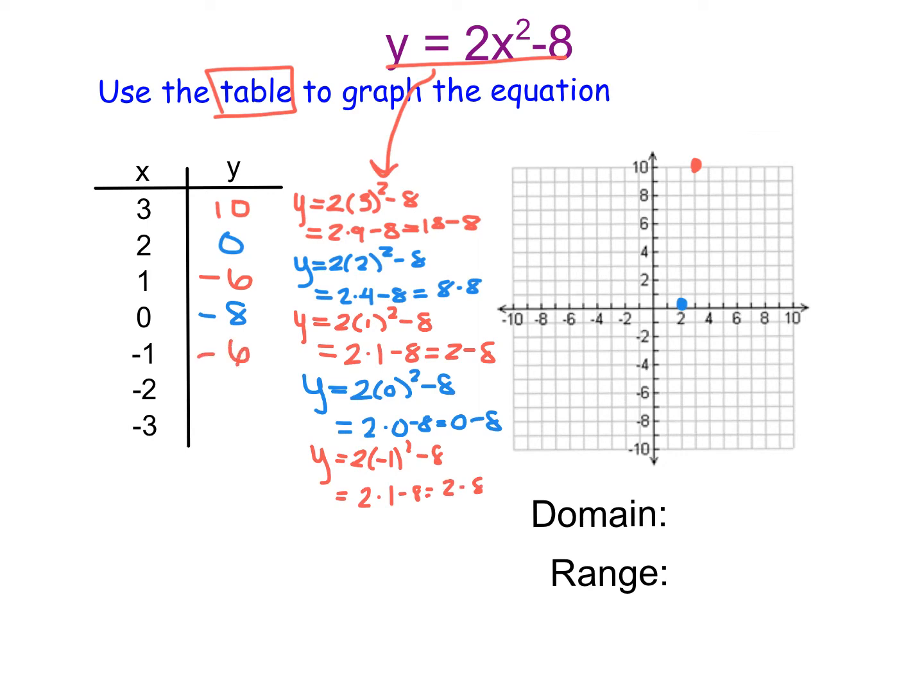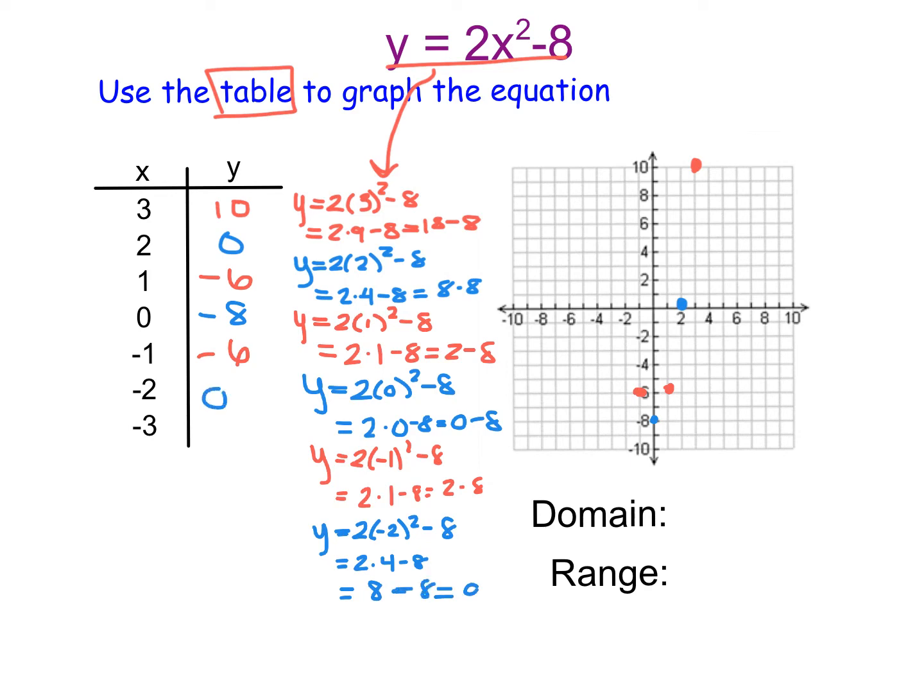So I can plot those points there. I missed a couple. So 1, negative 6. 0, negative 8. And negative 1, negative 6. And then from here, y equals 2 times negative 2 squared minus 8. So I have 2 times 4 minus 8, which will be 8 minus 8, which is 0.